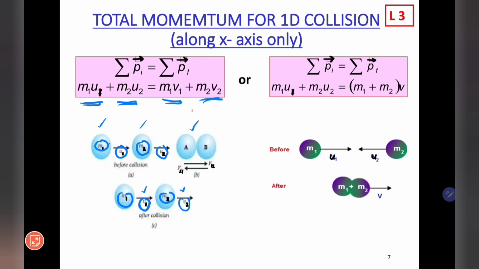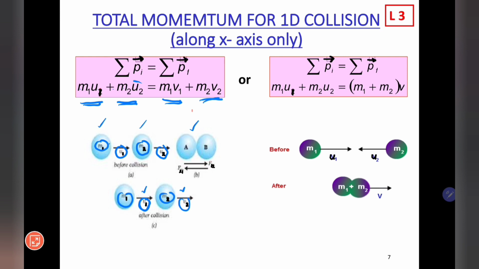According to the principle, the total momentum for the initial and final situation still remains the same, or still equal to each other. So M1 U1 plus M2 U2, the total momentum for the initial situation, is equal to M1 V1 plus M2 V2, representing the total momentum for the final situation.